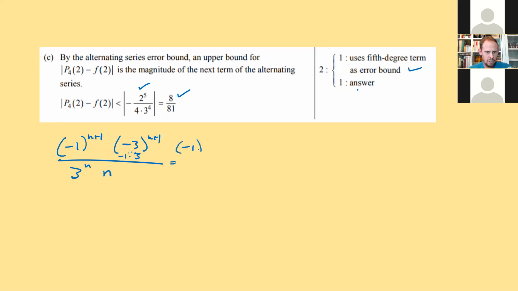And then I've got -1 to the n plus 1, another -1 to the n plus 1, and then we've got 3 to the n plus 1 over 3 to the n and n. So this and this can cancel, and there's just one 3 left over on top. These two, we can add these two exponents together because they're both -1. So we get -1 to the n plus n is 2n, plus 1 plus 1 is 2. Or we can say 2 times n plus 1.